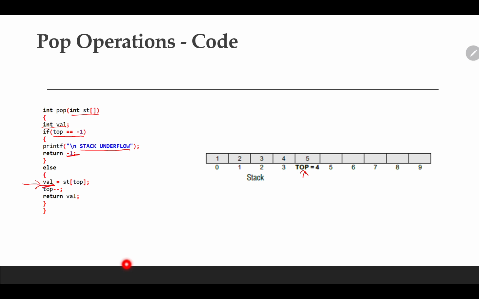It is not required, but if you require it you can use it. Then we will decrement the value of the top. So now the top is 3 instead of 4. Then it will return the value, which is 5.